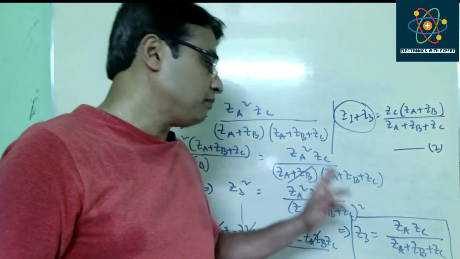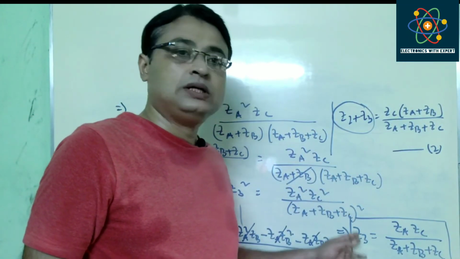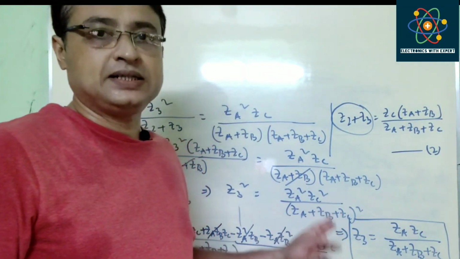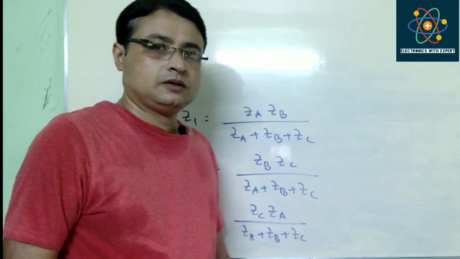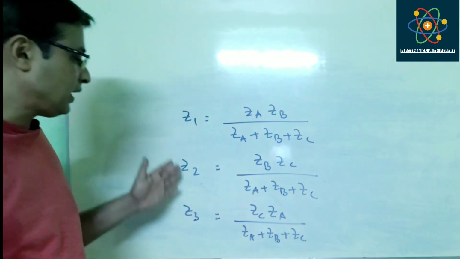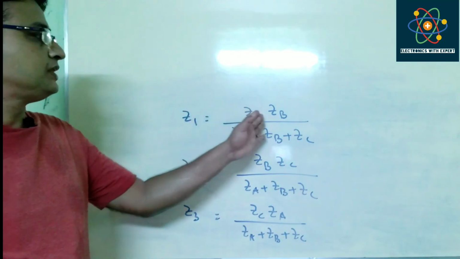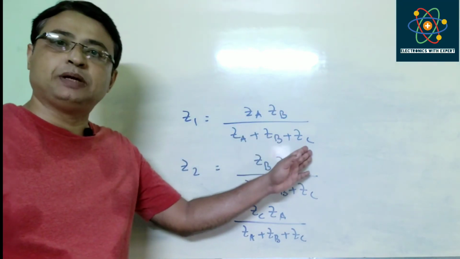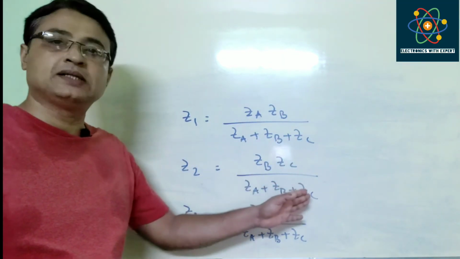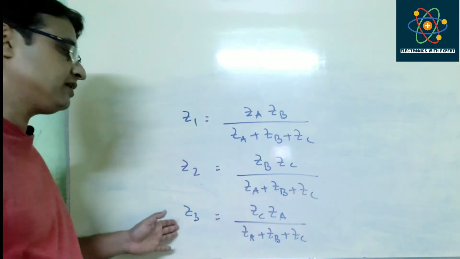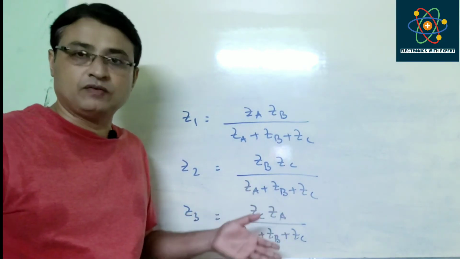Similarly, you can get all the other two impedances for the T network, Z1 and Z2. So these are the values of Z1 and Z2. Z1 equals ZA ZB by ZA plus ZB plus ZC. Z2 equals ZB ZC by ZA plus ZB plus ZC, and Z3, the value of Z3 I have already derived.